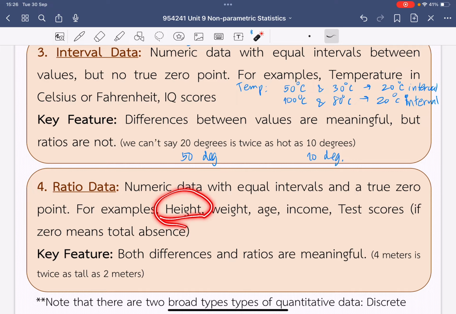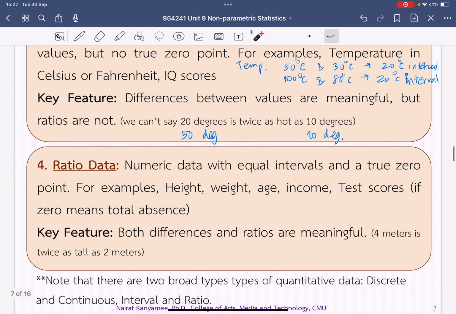Zero height means you don't have height at all. Weight, zero; age, a newborn; income, zero means no income. For interval data, zero may not be nothing. 0 degrees Celsius doesn't represent no temperature; it means something like the freezing point.